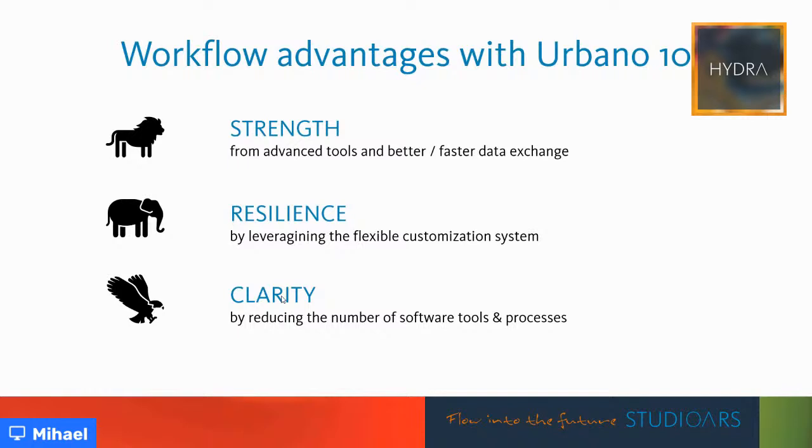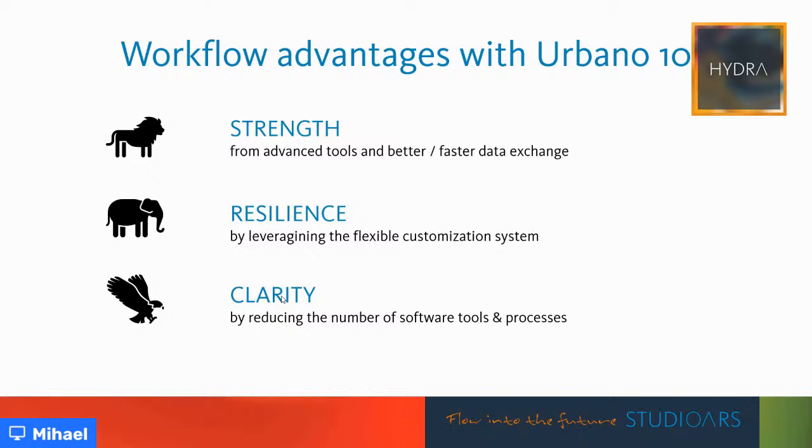And the third piece of this puzzle is also what we call clarity. So Urbano is a very comprehensive software. As I said, we developed it for 30 years. There are a lot of tools inside. So this means you can actually replace some of your existing and maybe aging software tools and processes. So maybe you are doing something with Excel.